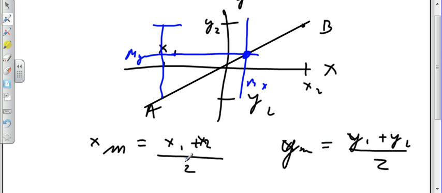But what happens if x1 is negative? I could be at minus 1, 1 right over here for my A point. Well, all that's taken care of, so it doesn't really matter. Positive or negative is not relevant. It'll all come out in the wash. You just put in the numbers and make it happen.